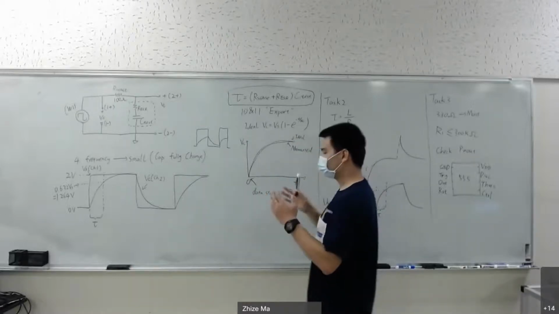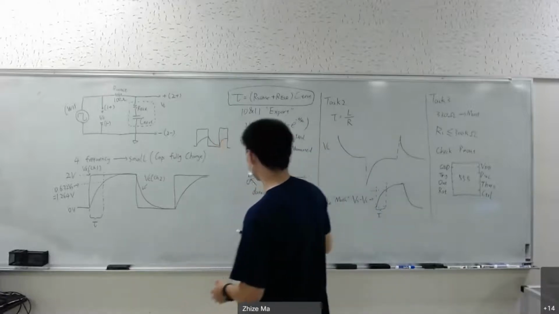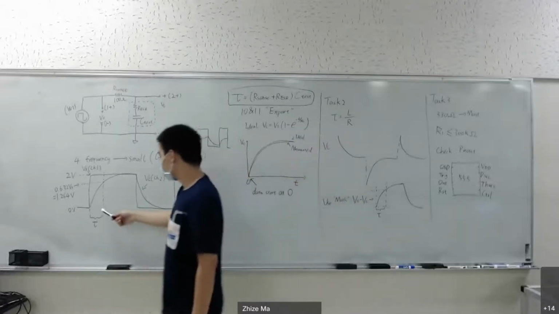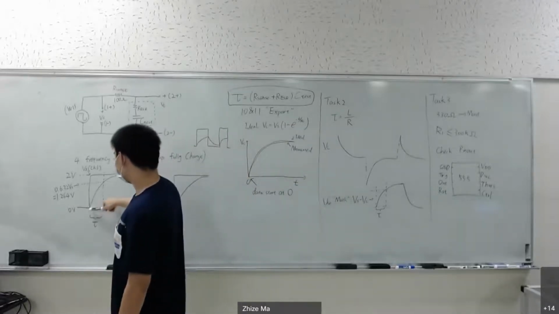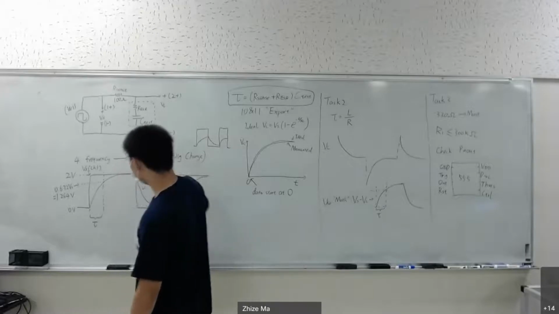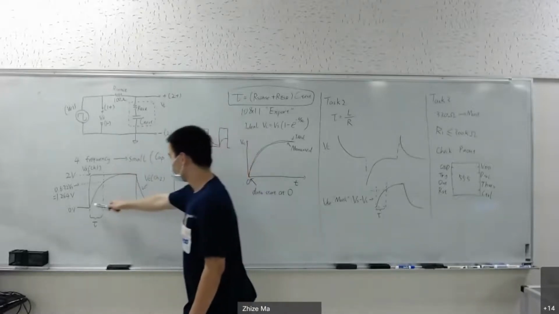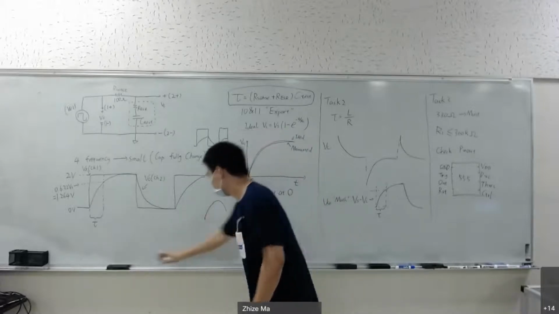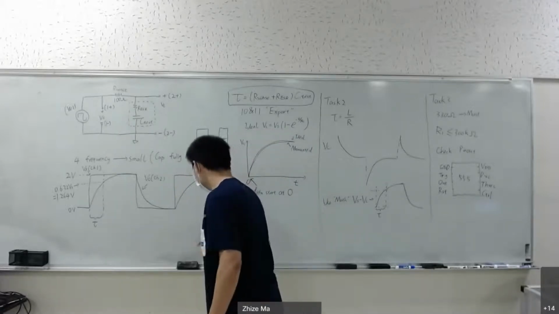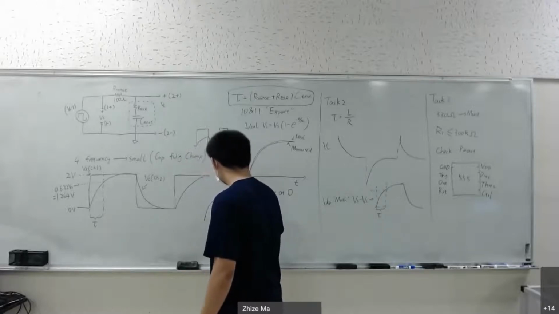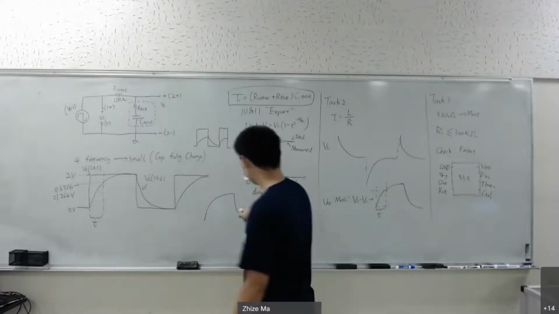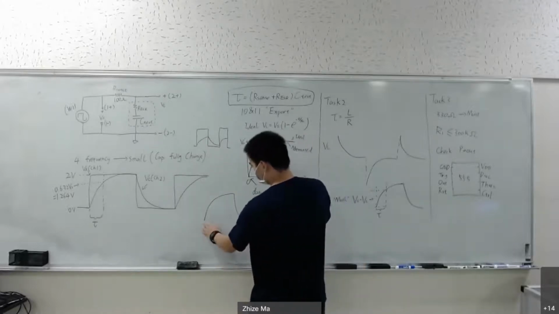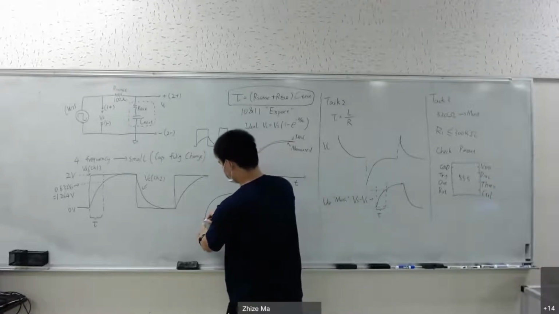And after you have two plots, you want to compare them. When you export the data directly from the oscilloscope, the plot will be something like this. This is the voltage across the capacitor. And when you take the data, you want to start from zero.